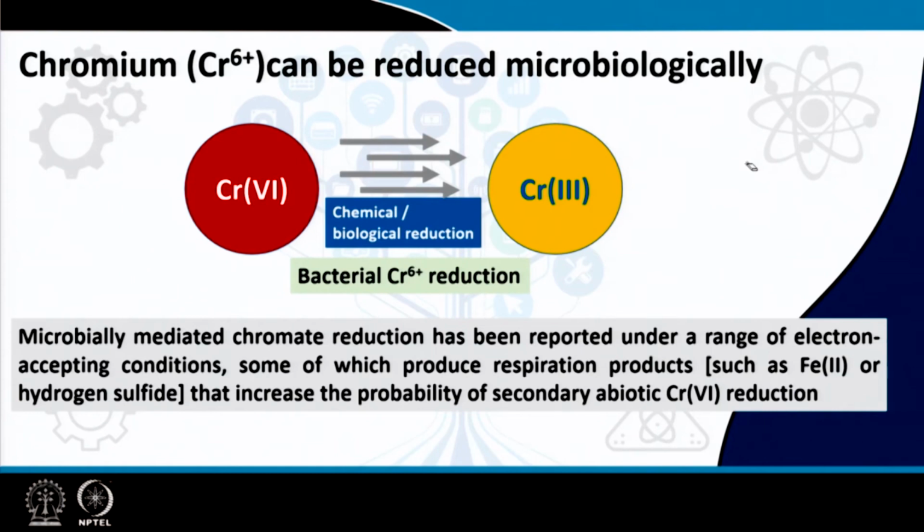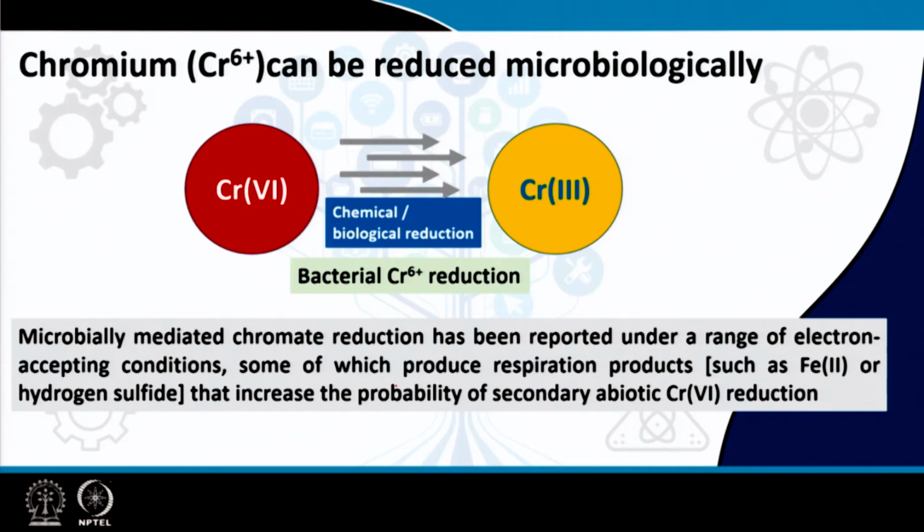In environmental biotechnology, this reduction of chromium through bacteria in particular is highly important. Microbially mediated chromate reduction has been reported under a range of electron accepting conditions, because in an underground aquifer we often see a mixture of electron acceptors, and chromium might need to face competition in accepting the electrons, because many other electron acceptors might be there.